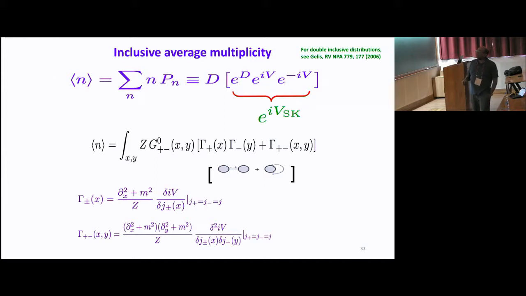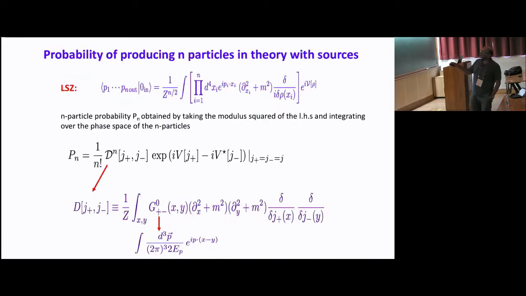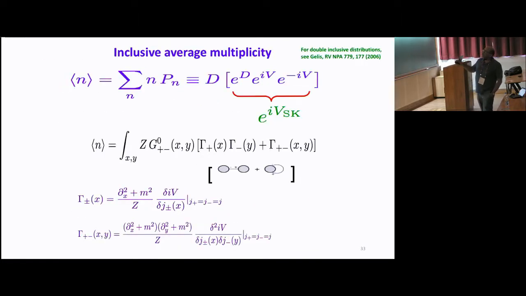It turns out that using this formula that I had here, I can rewrite this as some e to the d acting on this product of connected Wilson lines, connected vacuum-to-vacuum graphs and a complex conjugate amplitude. And this is what is then called the Schwinger-Keldysh amplitude.